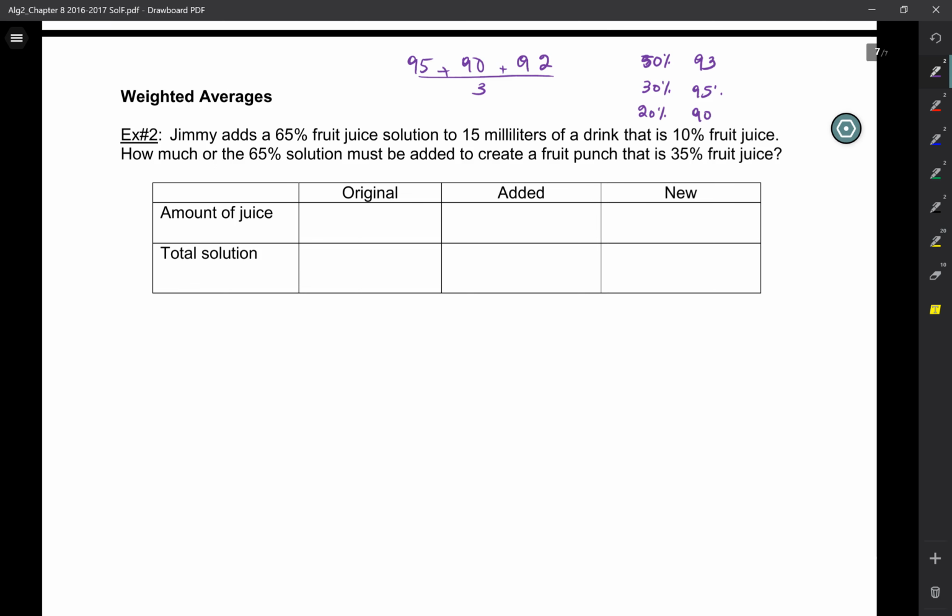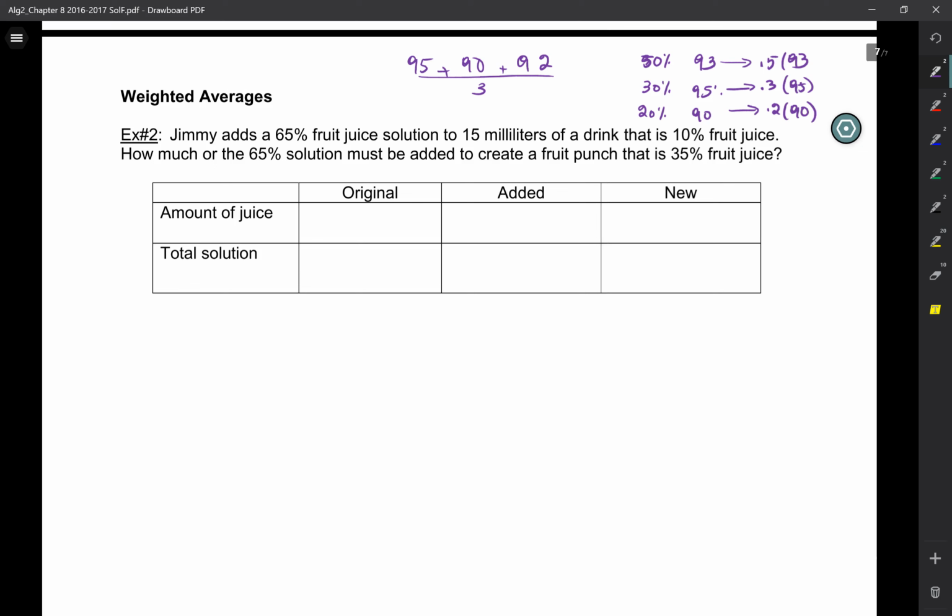To calculate your final average, it's 0.5 times 93, 0.3 times 95, 0.2 times 90.